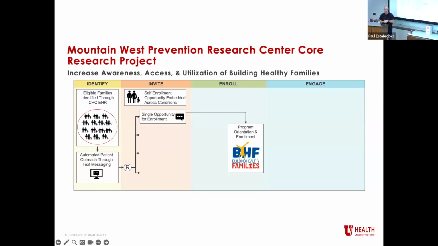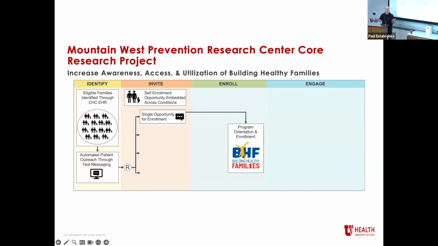And so the randomization is that we'll randomly assign families right from the get-go. So if anyone's wondering about consent on this type of thing, the way that we do this type of project is we send a mailer with information on the study, the program, that people can participate in the program even if they don't want to be in the study, but that if they want to opt out from getting text message invitations, they can opt out.